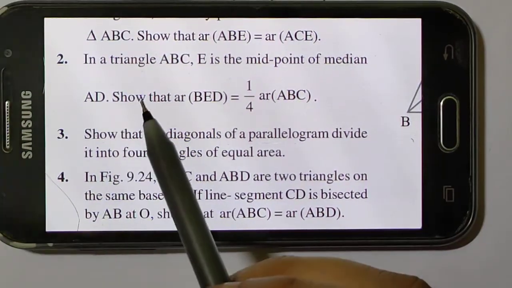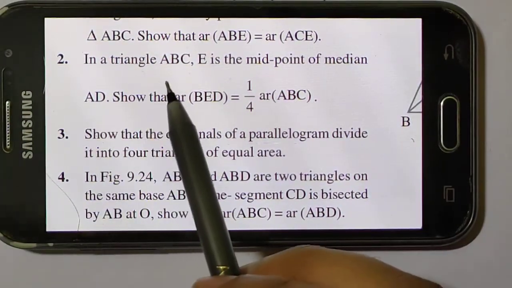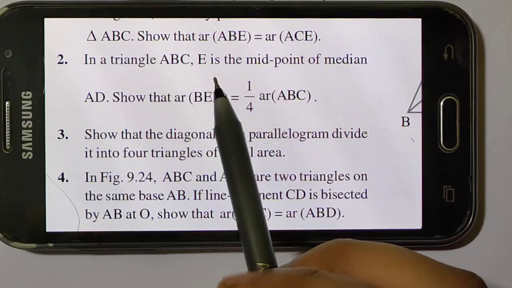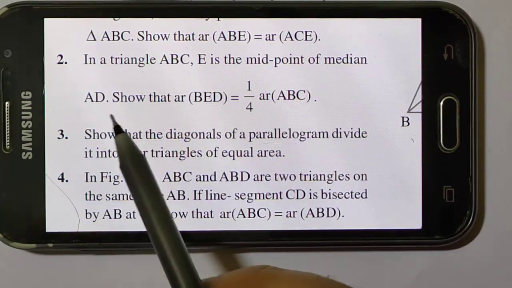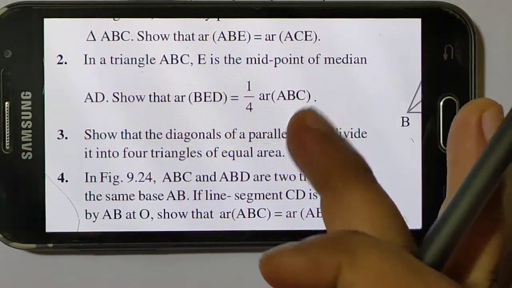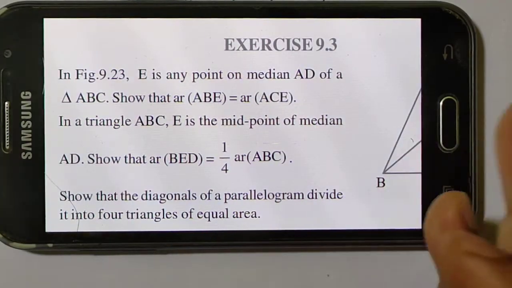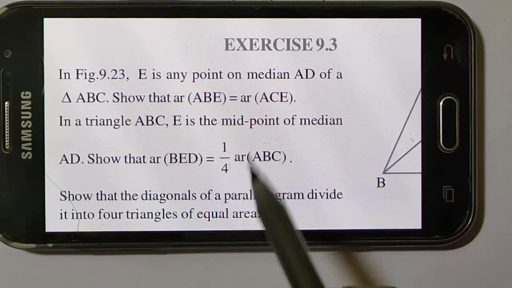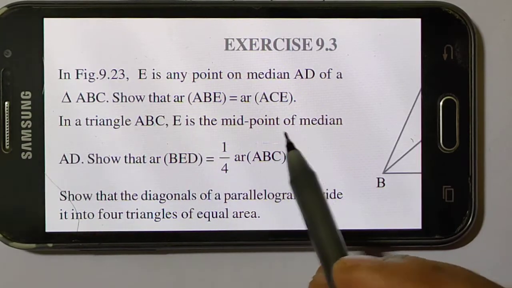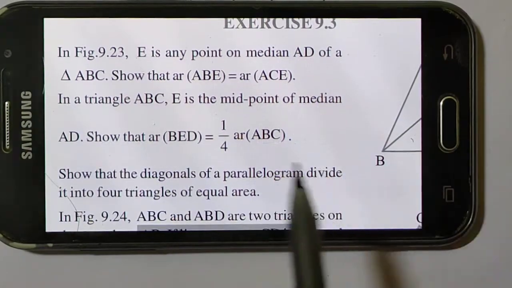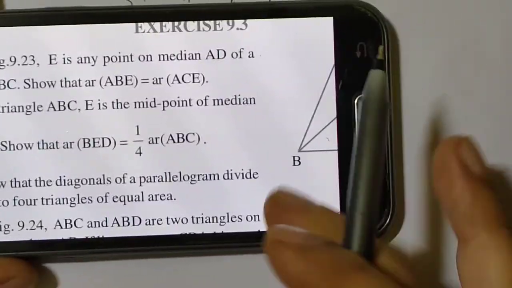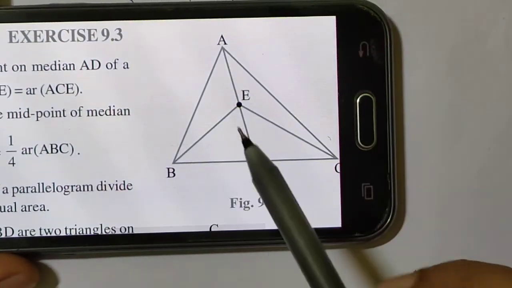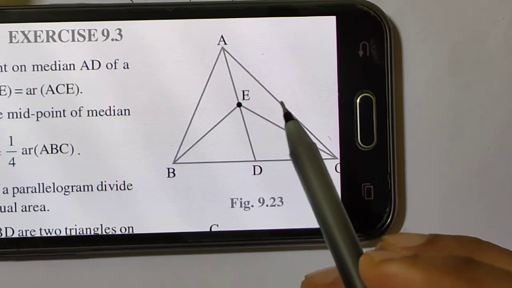Question number 2 is saying that in a triangle ABC, E is the midpoint of median AD. In the initial question, E was any point, not a specific one, but here it is specified that E is the midpoint of the median AD. The figure will be the same, only this time we will treat point E as the midpoint.